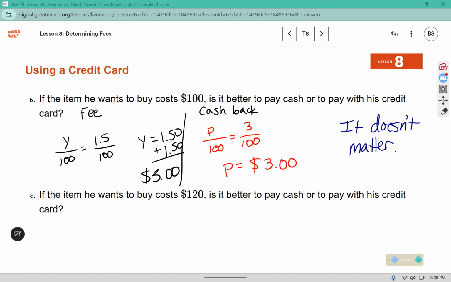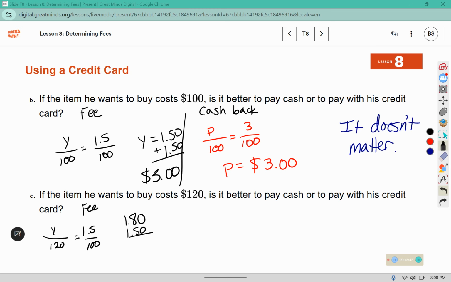If the item he wants to buy costs $120, is it better to pay cash or to pay with his credit card? So for the fee, if we had a $120 item with a fee of 1.5%, 120 times 1.5 divided by 100 would be $1.80 plus the $1.50 fee that exists is $3.30 of the fee.